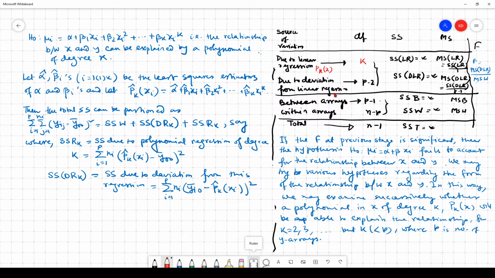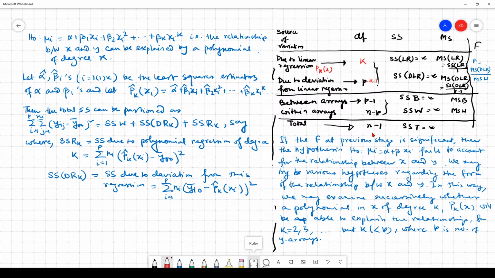Due to deviation from regression, this should be p minus k minus 1 instead of p minus 2, because in the first case I considered the linear, that's why this is p minus 2. So generally it is p minus k minus 1.